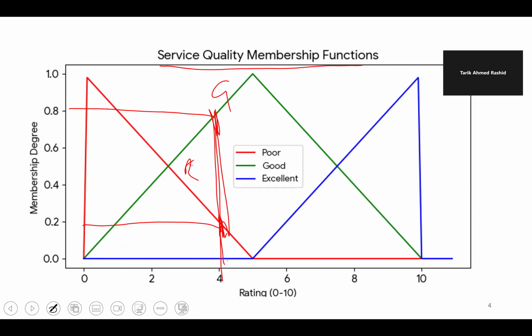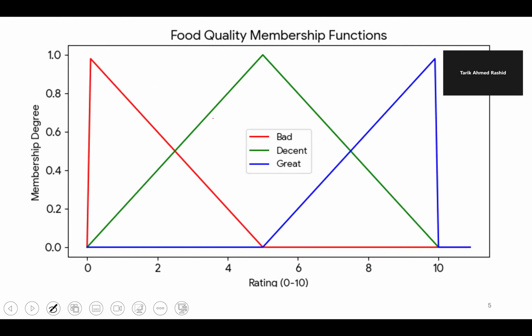Now, for our food input, x2 is 8. So I project 8 onto food quality.